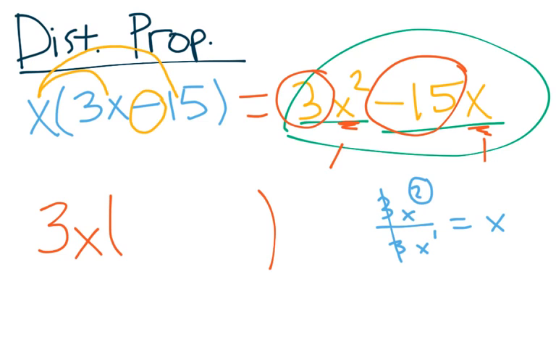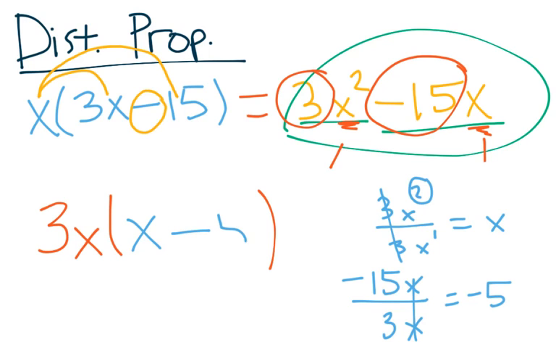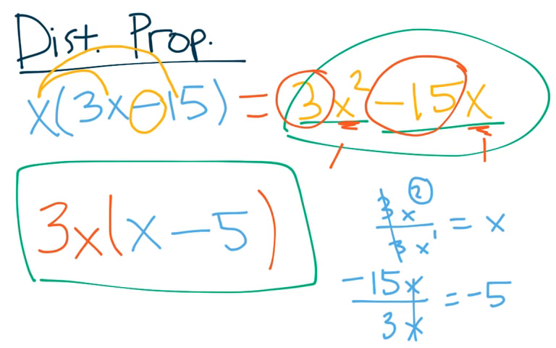So what's left in the first term is x. Then negative 15x divided by 3x: negative 15 divided by 3 equals negative 5, and x divided by x, those cancel out. So I'm left with negative 5. And that is how you would factor this out.